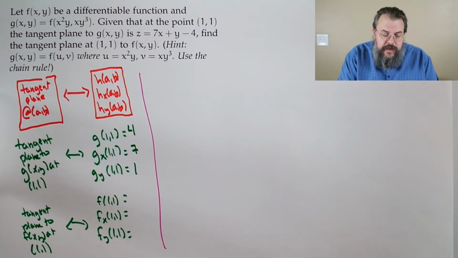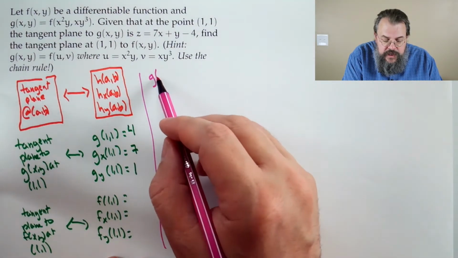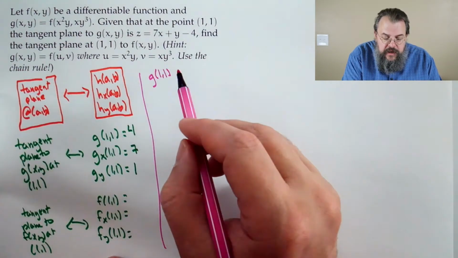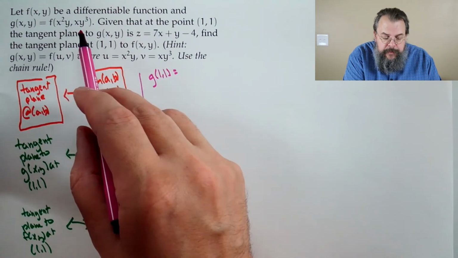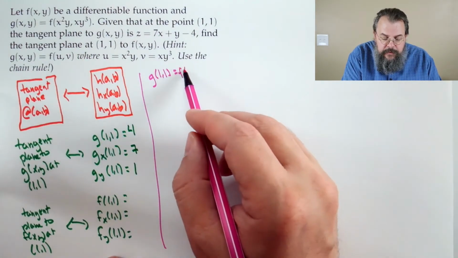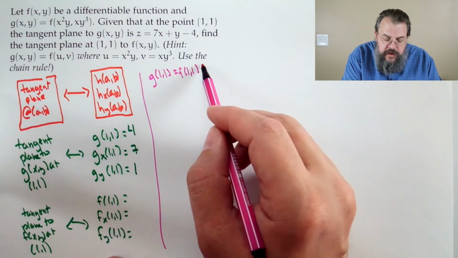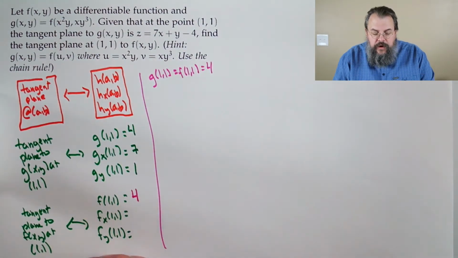So first off, we know what g of 1, 1 is. So g of 1, 1, we'll plug in 1, 1 over to here. That's equal to f of 1 squared times 1, 1 times 1 cubed. That's f of 1, 1. But we know g of 1, 1 is 4, and therefore we say, look, this is also 4.